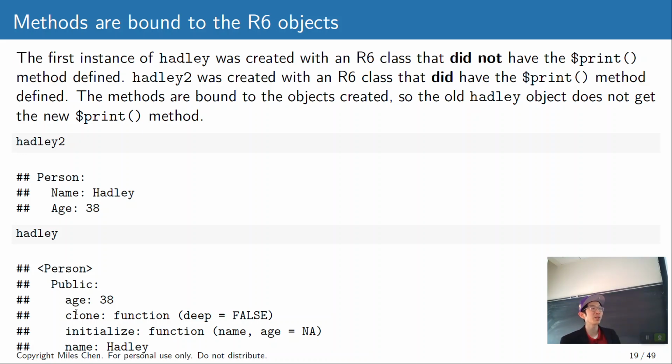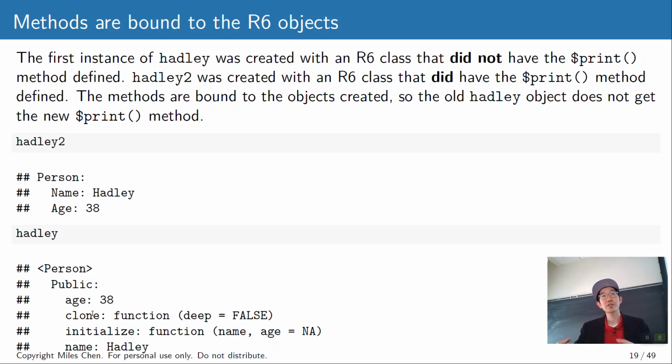It's a little bit of a weird concept, but the methods, like this print method, are bound to the object itself, the object that was created. So Hadley over here was created under the older definition, and therefore the print method still uses that older definition. It's not like when you redefine person, it's going to redefine all of these past instances.